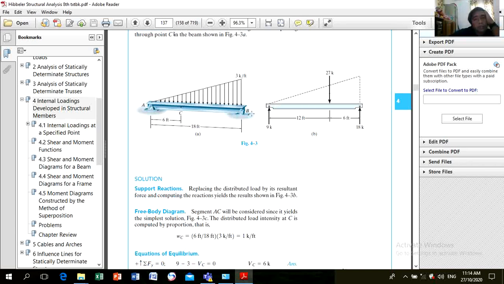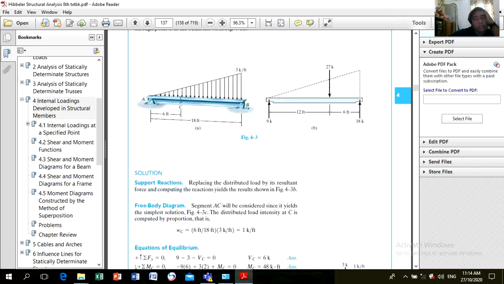Why? Because it will be easy to determine the shear and moment considering that this is a triangle. If we consider the other side, the loading will be a trapezoid and it will be laborious. Although it's possible, for simplicity it's better to cut here and consider this section.